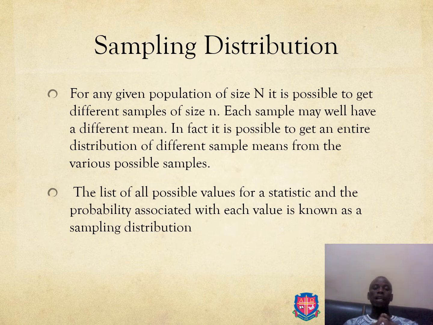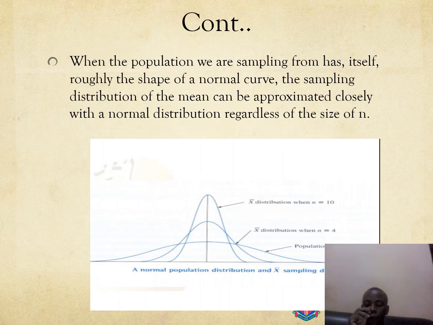Assuming I'm looking at age and I'm having 5 samples, if I list down all the possible values for age and the probability associated with each value, then what I come up with is what we call a sampling distribution. So when the population we are sampling from is normally distributed, then chances are that the sampling distribution of the mean will be close to a normal distribution regardless of the sample size.